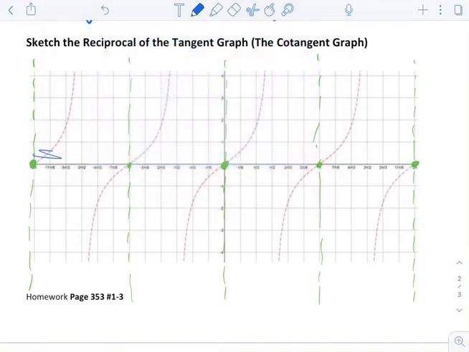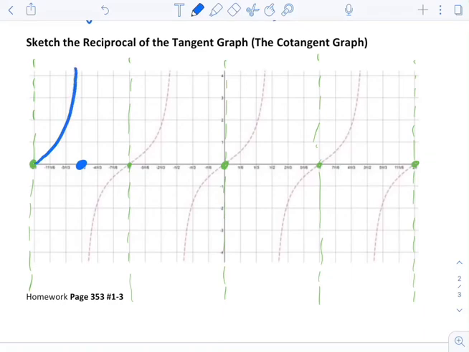I know that the original graph is up here and then it's down here. So they have to be in the same section of the graph. So how's that going to work out? Also, we know that the original graph has a vertical asymptote here. So we know that if there's a vertical asymptote, the reciprocal will have an x-intercept. So our graph should pass through here.